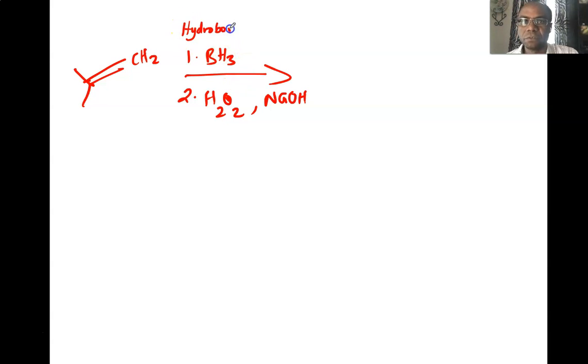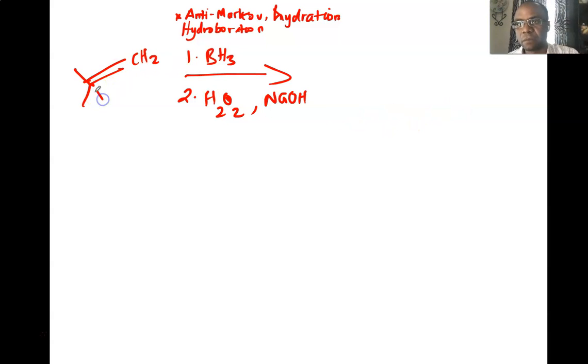Now, once you notice that it's hydroboration, you have to know the rule that it does anti-Markovnikov hydration, which means the alcohol will end up on the side that has more hydrogen. The OH group will end up on the side that has more hydrogens. The H will end up on the side where you have less hydrogens.